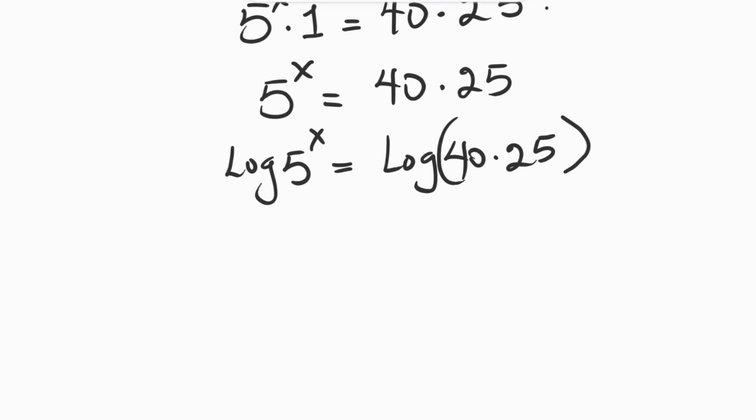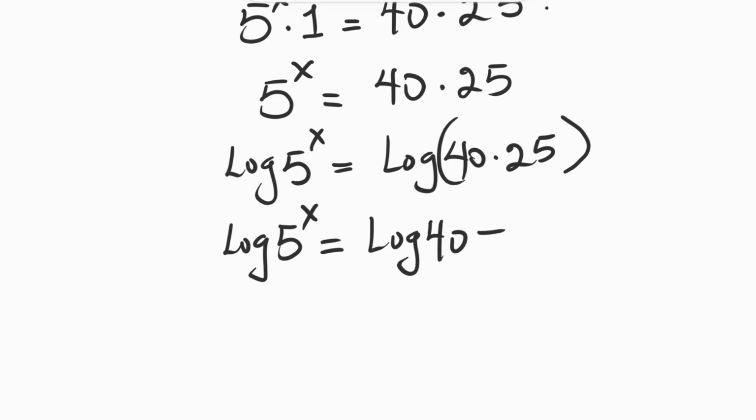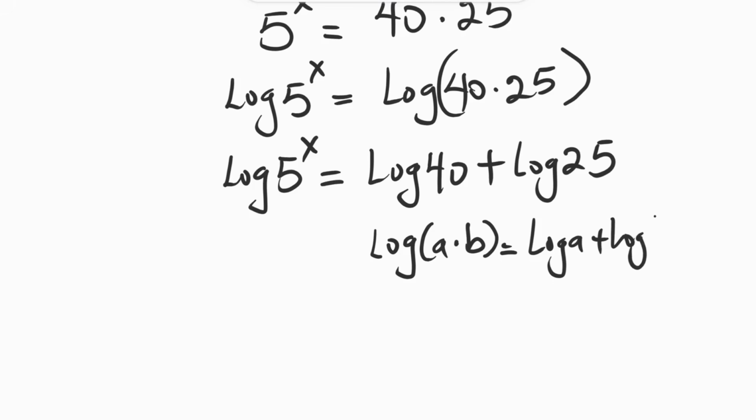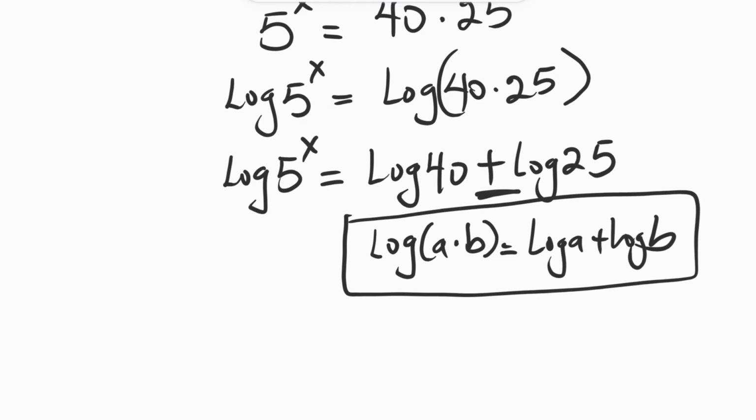Okay, so this is the same as log of 5 raised to the power x equals log of 40 plus log of 25. That's from the log rule. It states that log of a times b is equal to log of a plus log of b. Okay, that's how we got this.